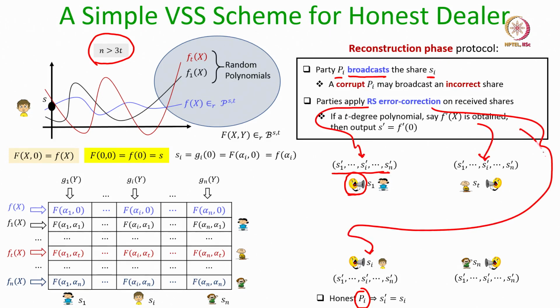Every party will be doing locally the Reed-Solomon error correction, and after Reed-Solomon error correction, if a t degree polynomial is obtained, say f prime of x, then take the constant term of that f prime of x polynomial as the output. That is the reconstructed secret. Whether that reconstructed secret is correct or incorrect, we will argue soon.